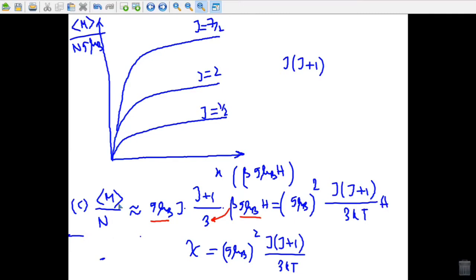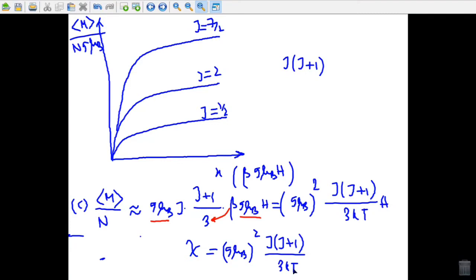So we quickly move on to the third problem, and we obtain the susceptibility from the behavior of average magnetization at small field. We get average magnetization divided by N is nearly equal to g mu_B J times (J + 1)/3 times beta g mu_B H, that is (g mu_B)^2 J (J + 1)/(3kT) times H, and the susceptibility becomes (g mu_B)^2 J (J + 1)/(3kT).